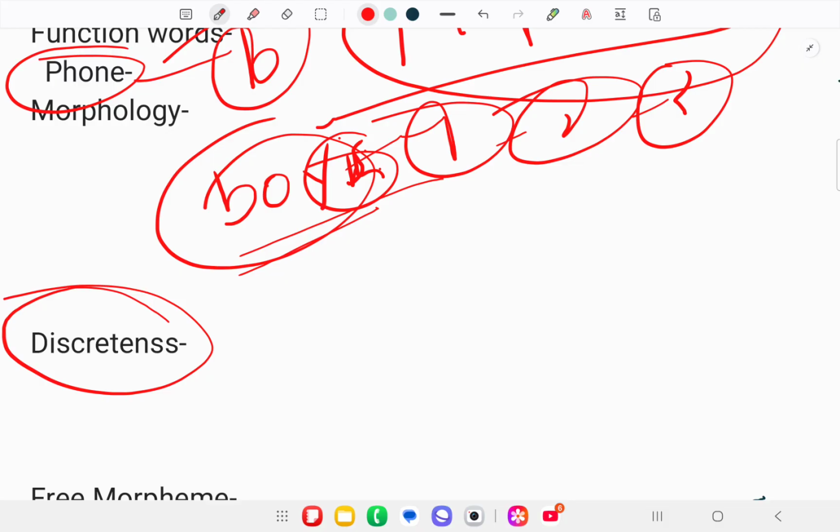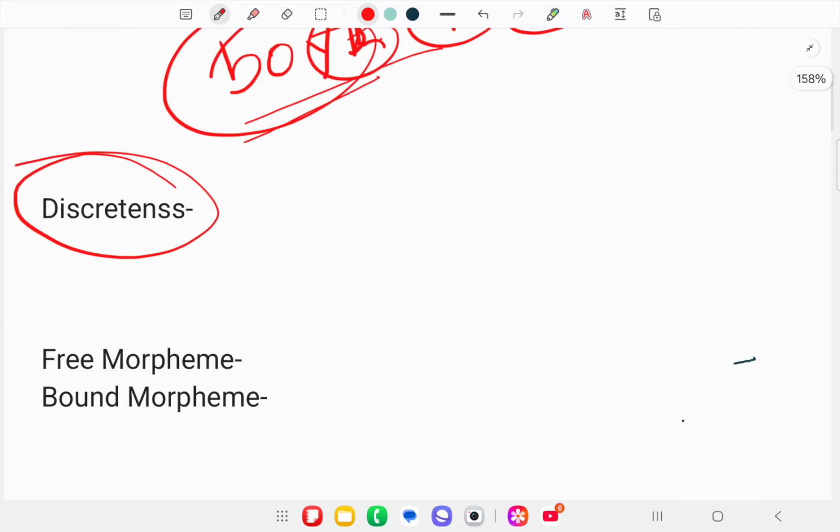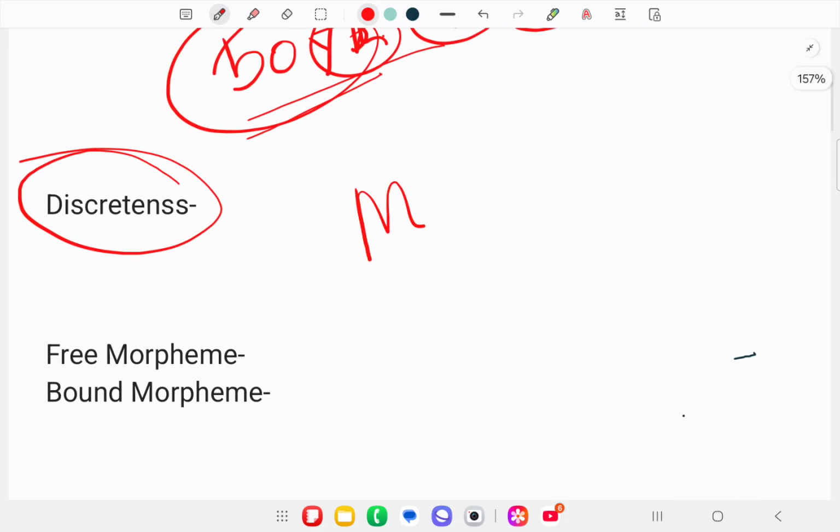In the same way, the decomposition of words into morphemes illustrates one of the fundamental properties of human language. This is known as discreteness.